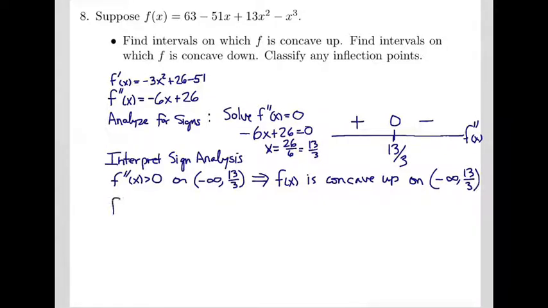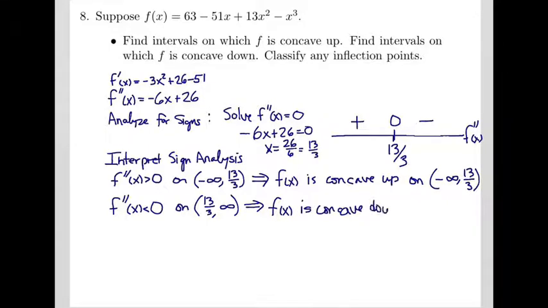At the same time, our sign analysis also lets us identify where f double prime is less than 0. In this problem, it's on the interval 13/3 to positive infinity. This is enough to imply that f of x is concave down on that same interval, 13/3 to infinity.